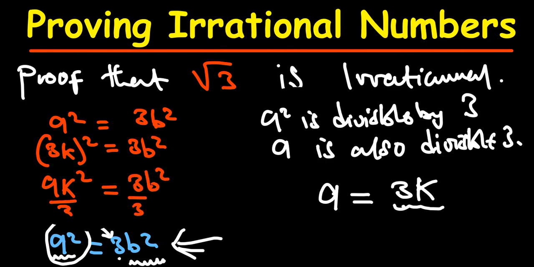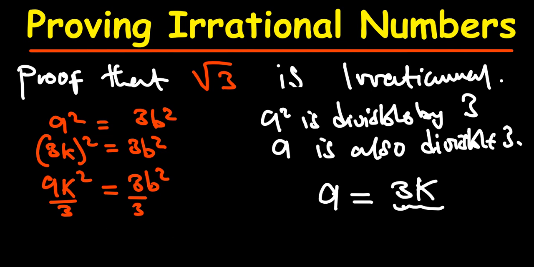When we divide that, we get 3k squared is equal to b squared.